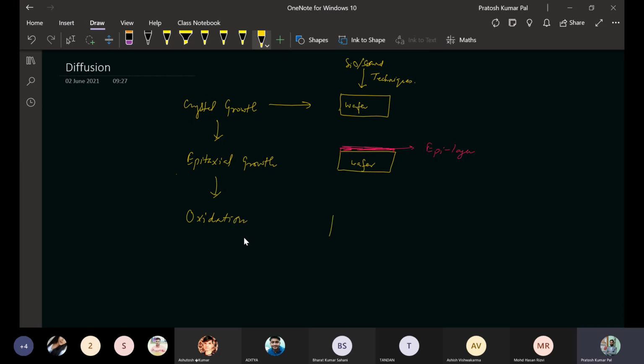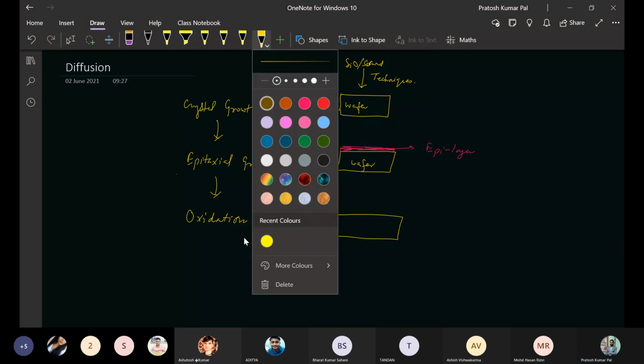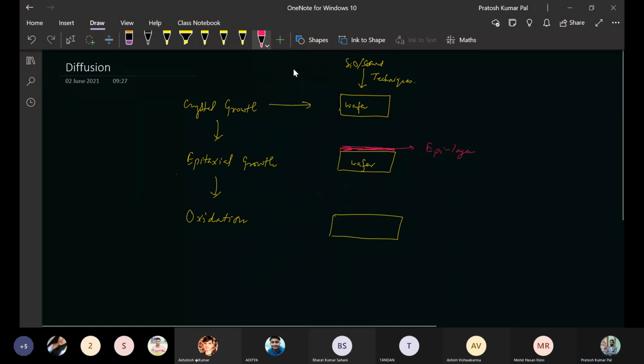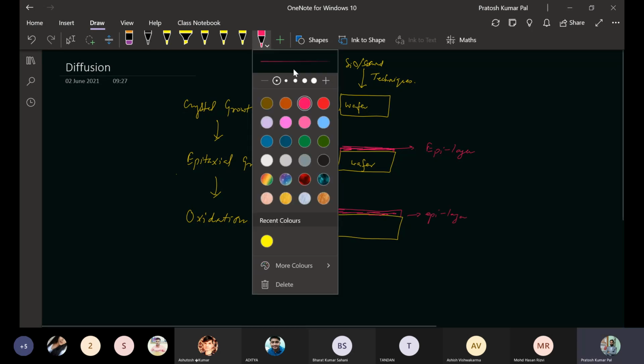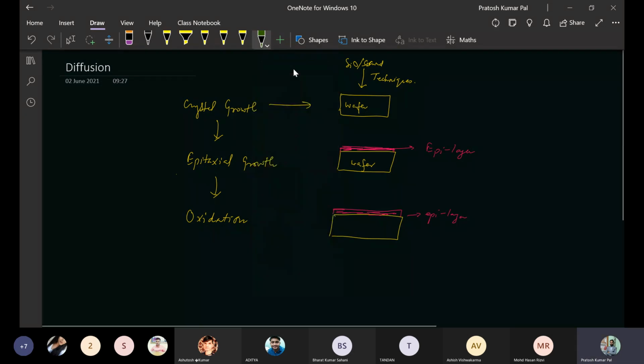So once we have a wafer, on the wafer we have the epitaxial layer. On this EP layer we have grown an oxide layer.